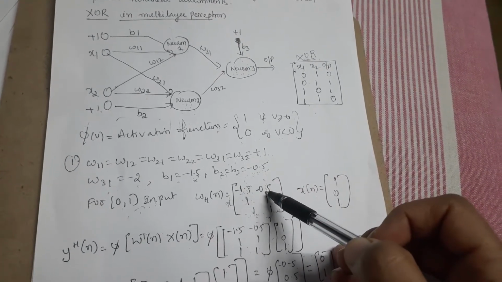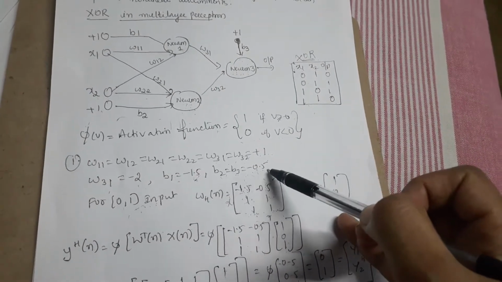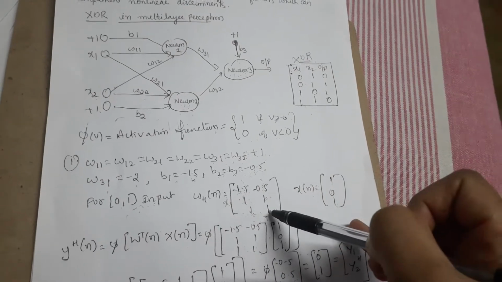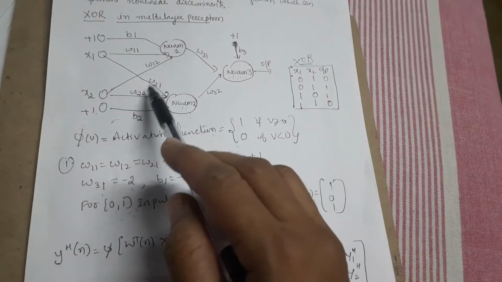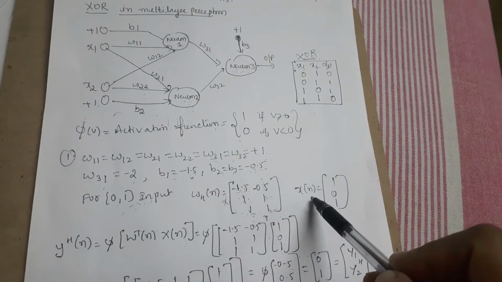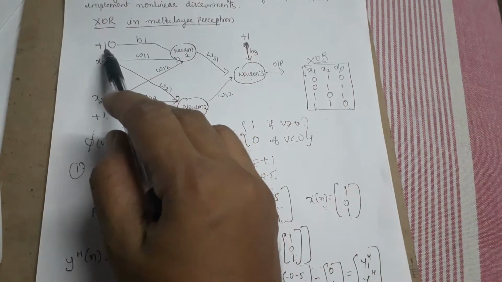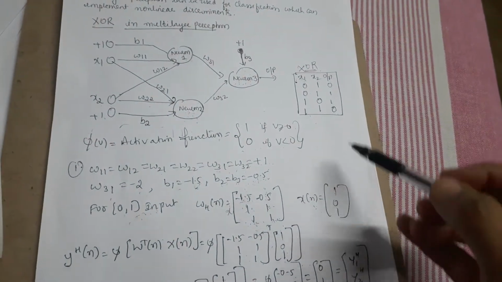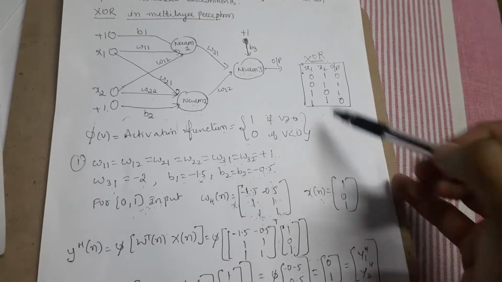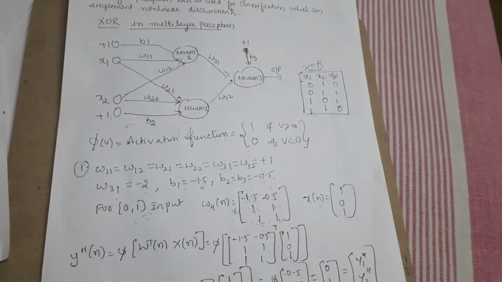This is for neuron 2. Neuron 2 bias weight is minus 0.5, and its weights for x1 and x2 are also 1. The bias input is 1, and x1 and x2 are 0, 1.